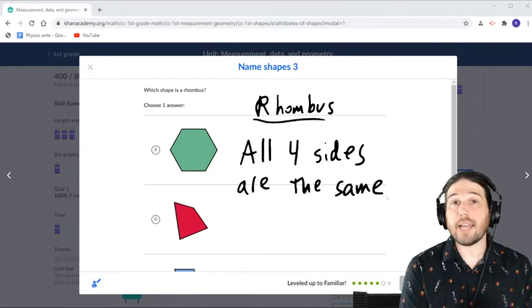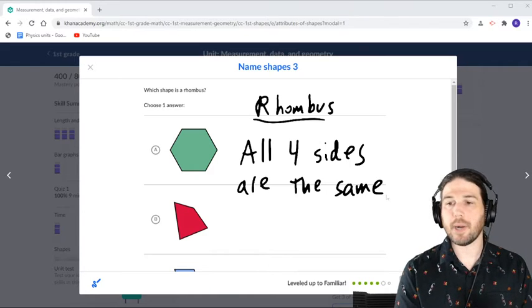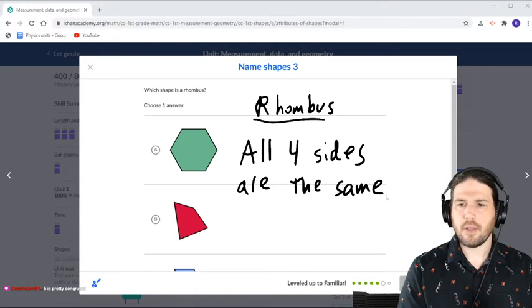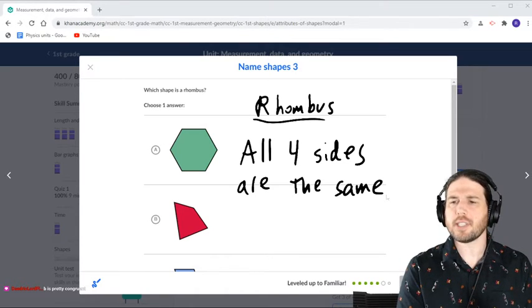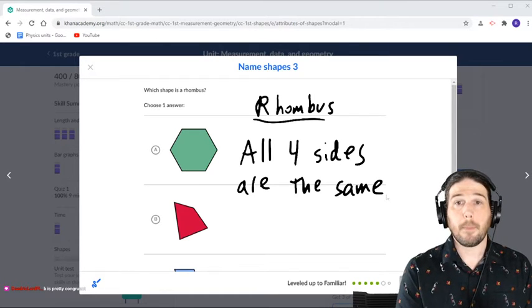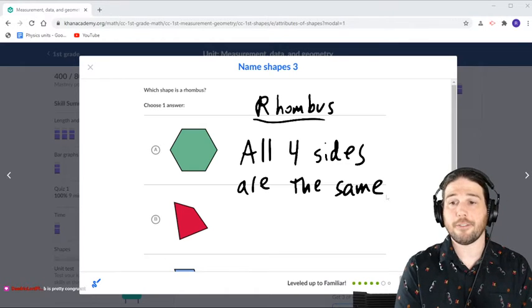We will learn later that all rhombuses are parallelograms as well, but as you can see, that looks kind of familiar. It looks like this is the definition of a square. But the thing about a square is squares specifically have right angles.